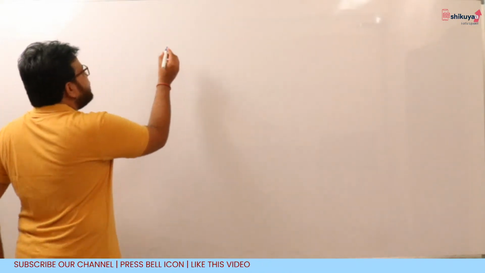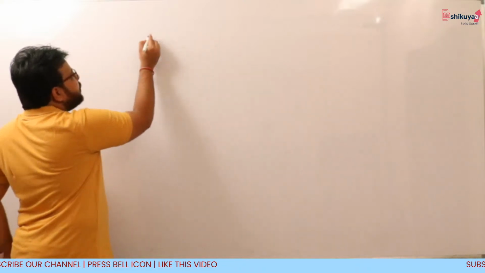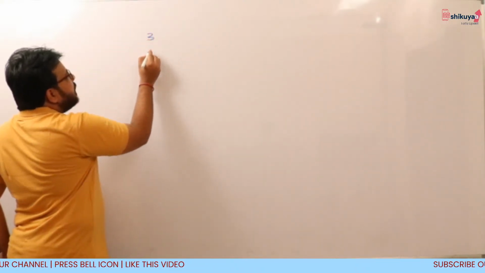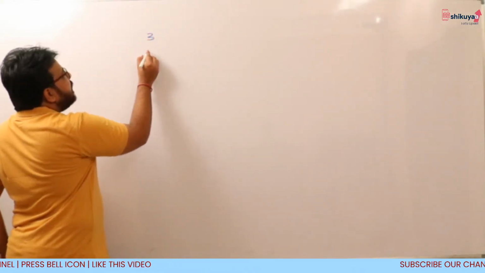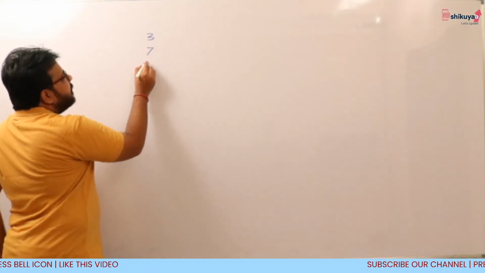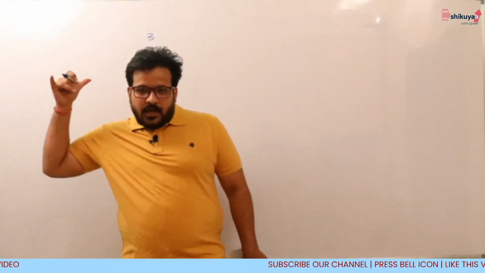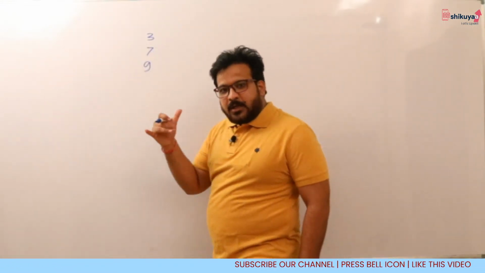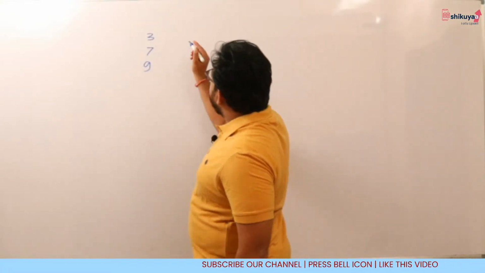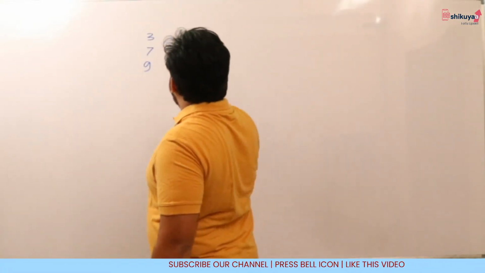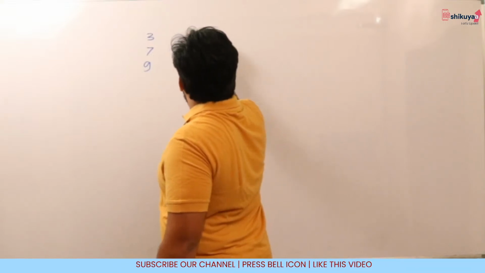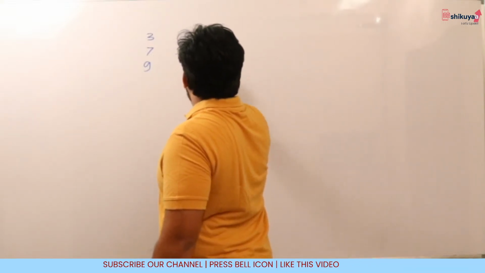The first category of numbers will be numbers ending in 3, numbers ending in 7, and numbers ending in 9. Are you getting my point? The way we learn the multiplication, you just try to understand this particular pattern so that we can go ahead. The next is numbers ending in 5, and finally numbers ending in 2, 4, 6 and 8.